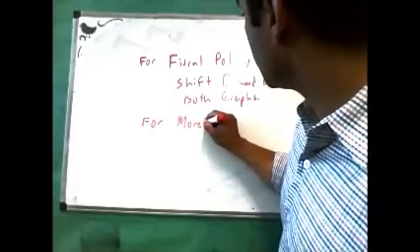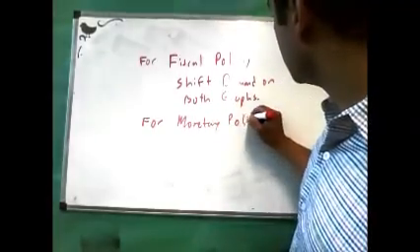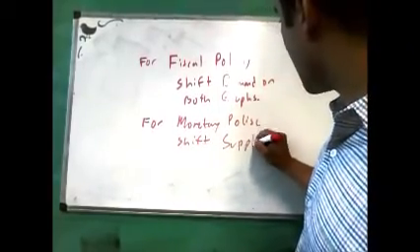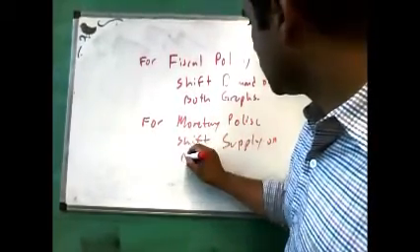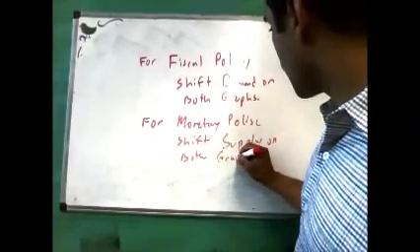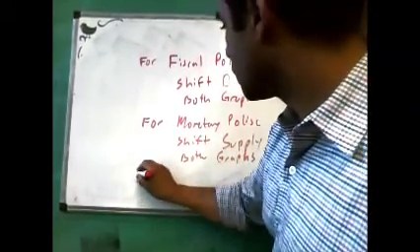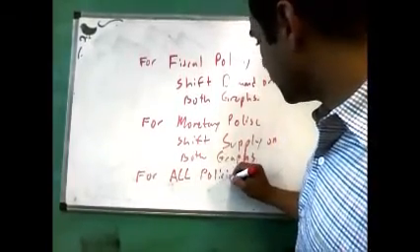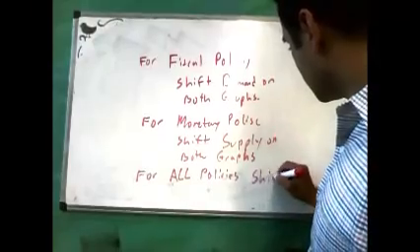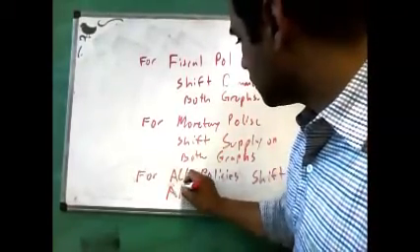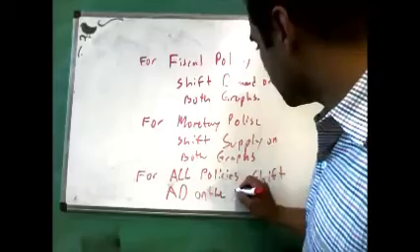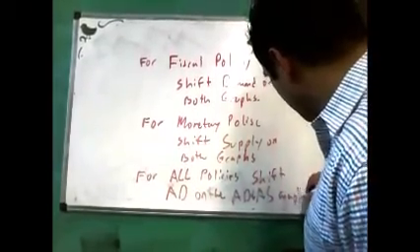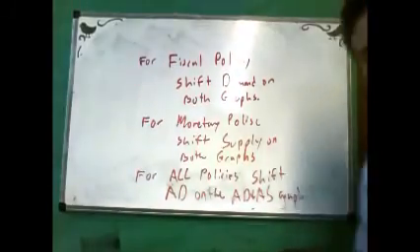For monetary policy, shift supply on both graphs. For all policies, and this is where we're going next, shift aggregate demand on the aggregate demand and aggregate supply graph. Okay, there are your rules.